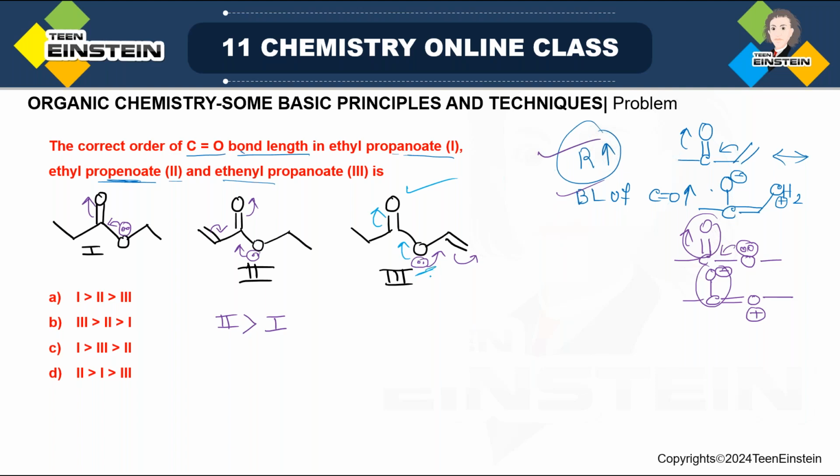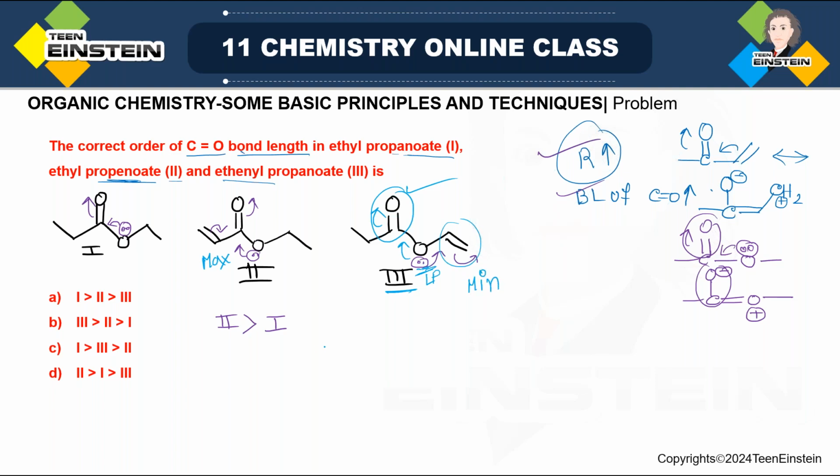But remember, this lone pair is also engaged in resonance with another C double bond C. That means the chance that this lone pair will take part in resonance with the C double bond O, in which we are interested, will decrease. So the minimum amount of resonance will occur in case of 3 and the maximum in case of 2, and 1 is something in between.